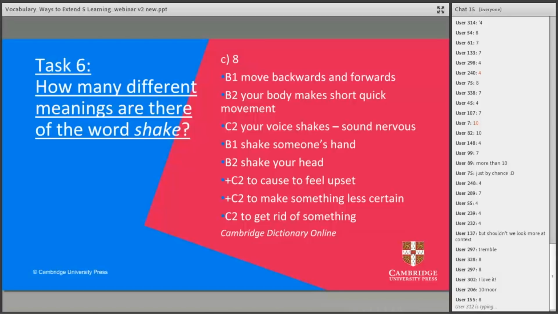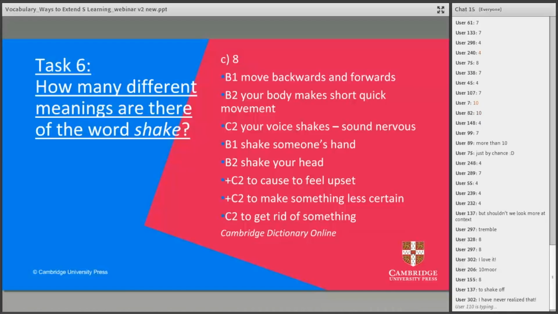One of the benefits of the Cambridge Dictionary Online is that a lot of the vocabulary is tagged in terms of its CEFR level. You can notice that next to each meaning, I've given the CEFR level, B1, B2, etc. So these are the 8 different meanings for shake.